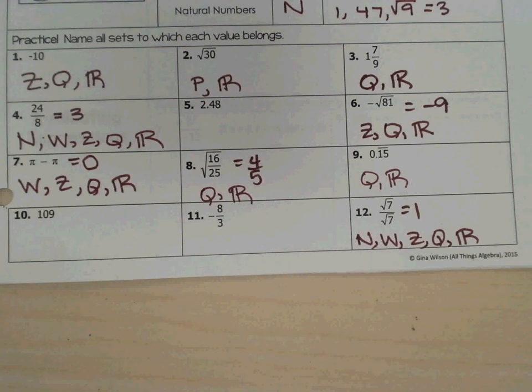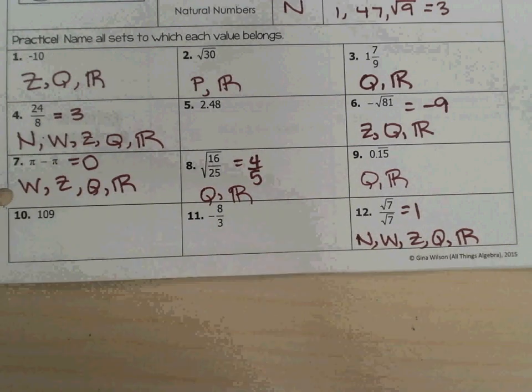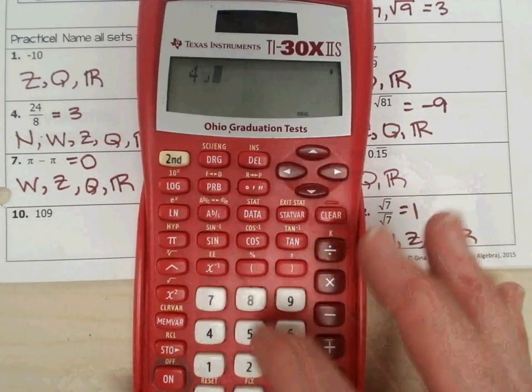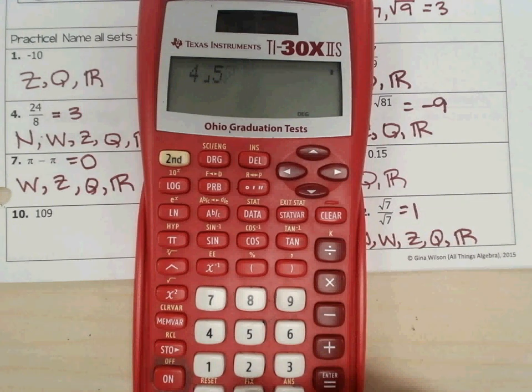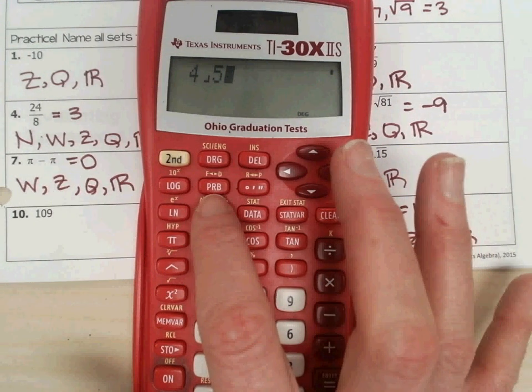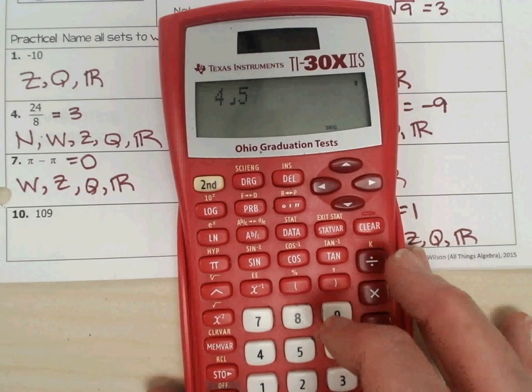Is there a way we can turn a fraction into a decimal? How do you do that on the calculator? Turn a fraction into a decimal or a decimal into a fraction? So if I have 4/5, what did you just press?